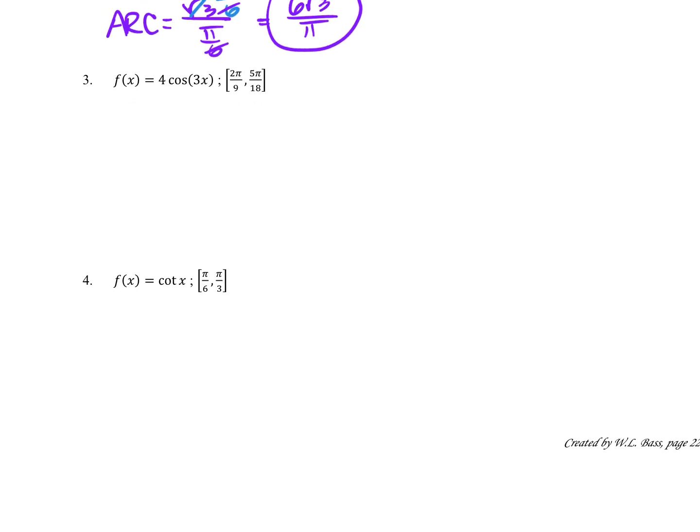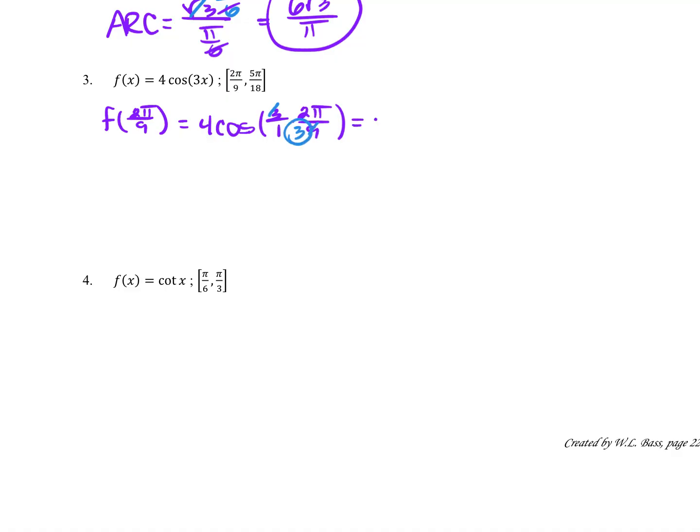All right. We have f of 2 pi over 9. That's going to go into our function. That's going to be 4 times cosine of 3 over 1 times 2 pi over 9. That means that these 3's will cancel and reduce.